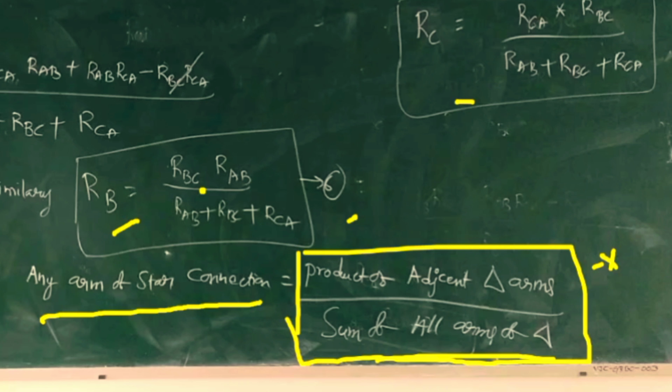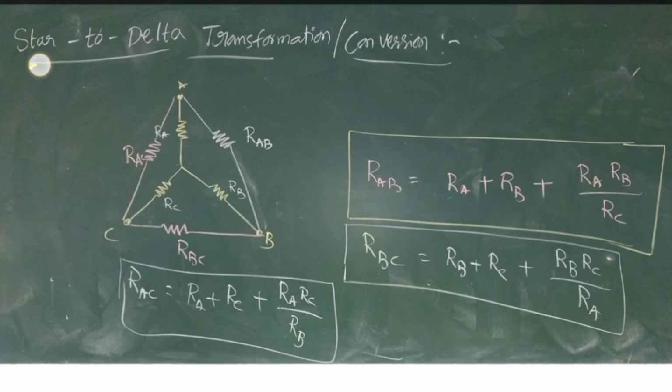Similarly, if you want to convert from star to delta, suppose the circuit is like this. The delta is RAB, RBC, RCA, the delta connected network between the terminals A, B, C. You can calculate the star to delta transformation. RAB equal to RA plus RB plus RA RB by RC.